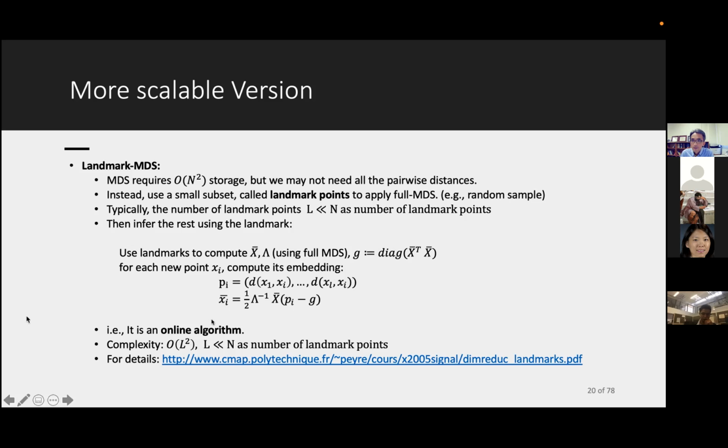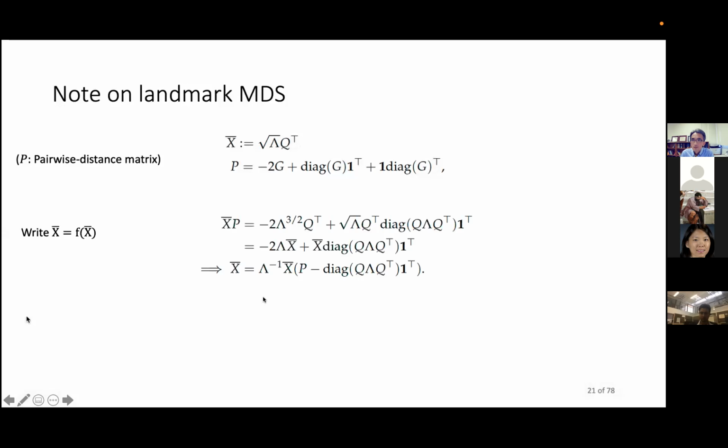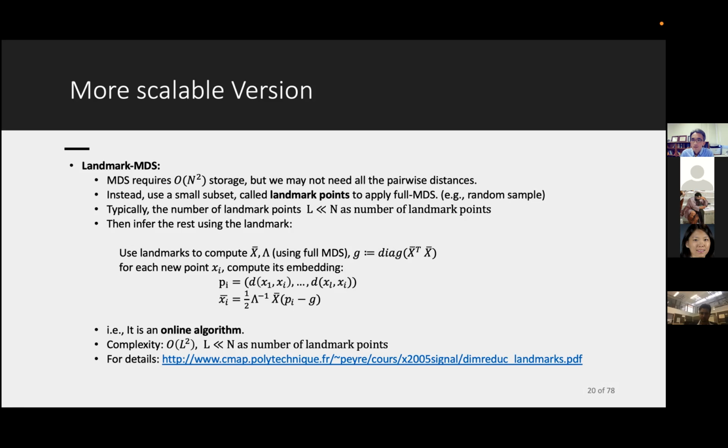So this is, I think, the eigenvalue. Okay. Let me go here to see. Yeah, it's the eigenvalue matrix of your landmark gram matrix. So basically, after you perform an eigen decomposition of this matrix, this is the omega, the lambda you got.